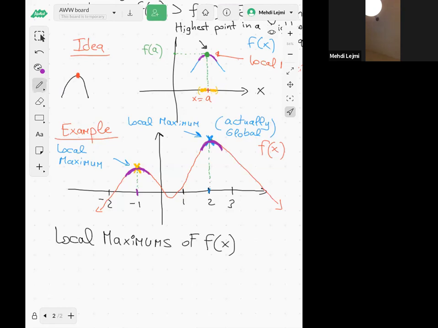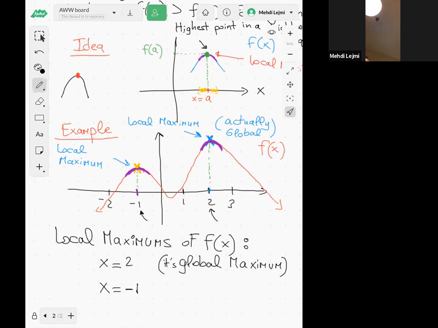So the answer here, local maximum of f of x: we're going to have a local maximum at x equal to 2, and that's not just a local, it's a global maximum, and also at x equal to -1.